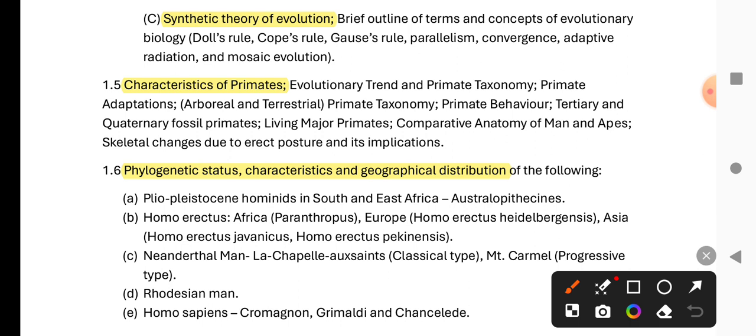But later the neo-Darwinians trusted this and gave the out of Africa theory, because in his book Descent of Man, Darwin noted that the majority of apes lived in Africa, so we must look for our ancestors in Africa.